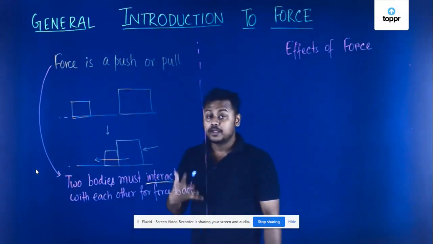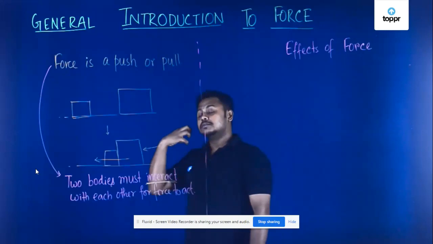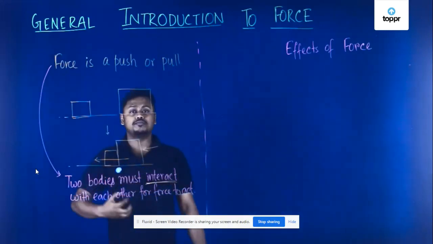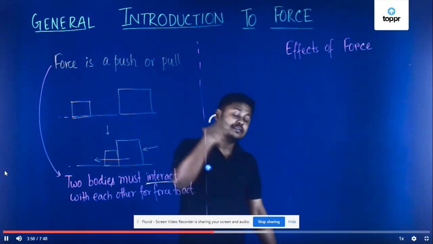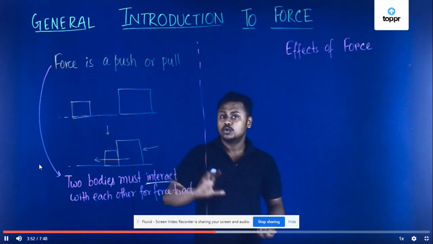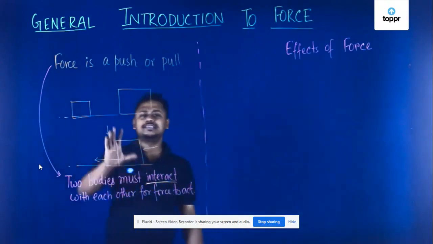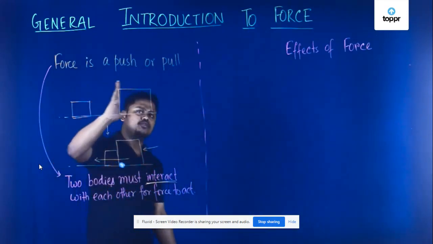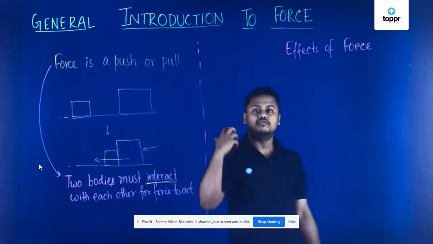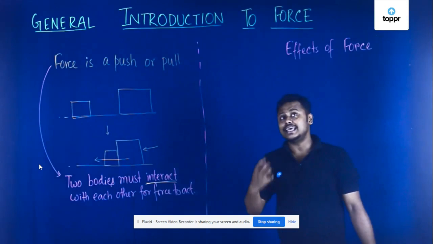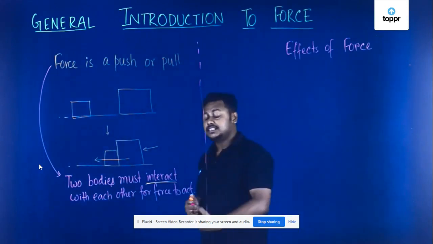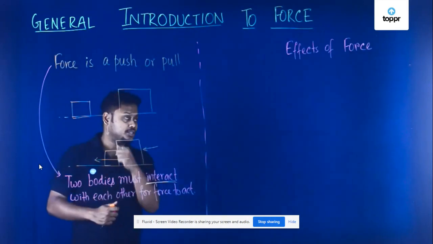What will happen? You are bringing the body to its rest position, right? Similarly, if the block is at rest and you apply force along any direction, it will start to move. So we can say that force can change the state of rest or motion.